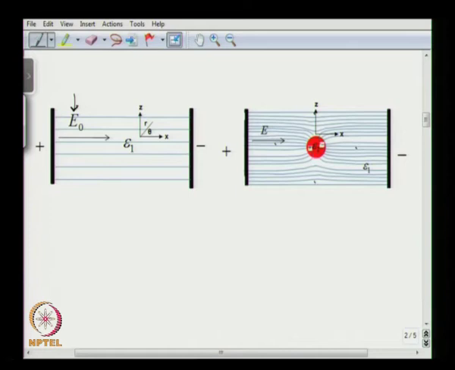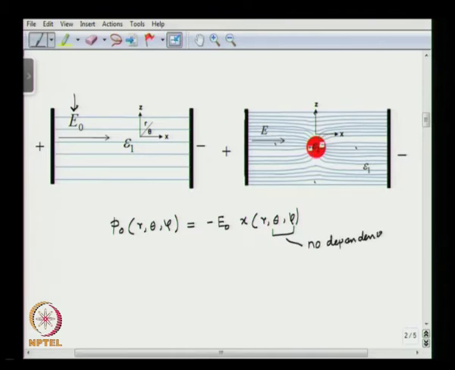So we can write the potential variation phi 0 as a function of r, theta and psi, which is the azimuthal coordinate, equal to minus E0 into x. In this case the electric field is varying only along the x direction, so there is no dependence on theta and psi.